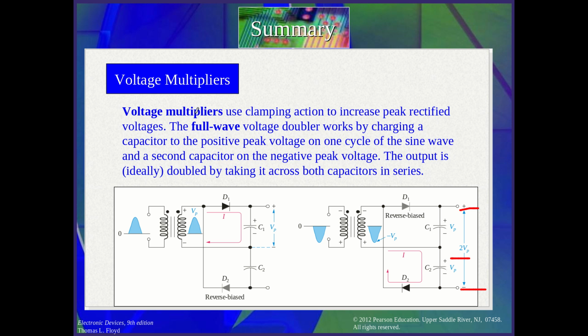That's why it's a voltage multiplier. All the V peak is charged in C1, and all the V peak in the negative side is charged in C2. So you see in both of them double the voltage that's in the input.